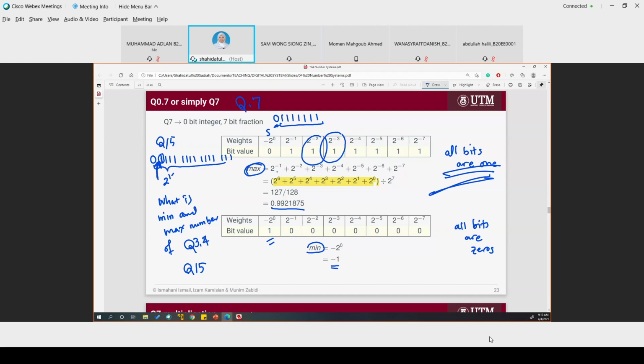You have to check back and catch up on how to calculate this.